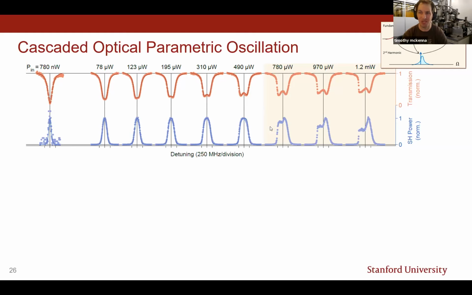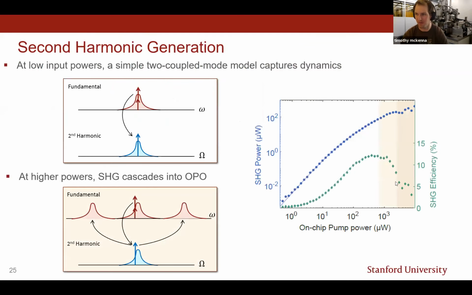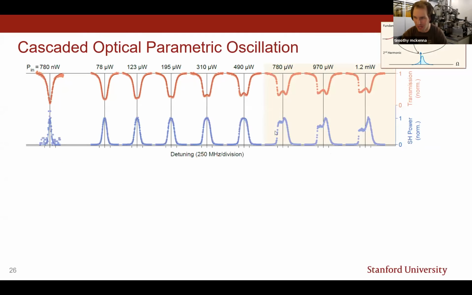And this drop is what we measured in our efficiency curves. In the curves from the last slide, it's this drop that accounted for some of the drop in efficiency right here.